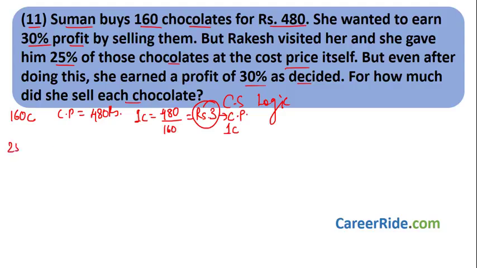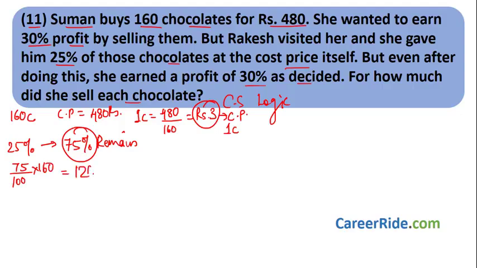So 25% of chocolates are gone at the cost price. So how many remain? 100 minus 25%, so 75% remain. 75% of 160, that is 75 upon 100 into 160, which gives us 120 chocolates. So 120 chocolates remain with Suman.